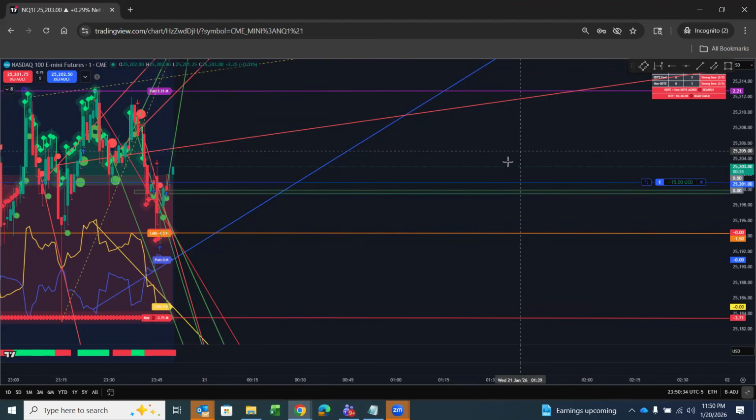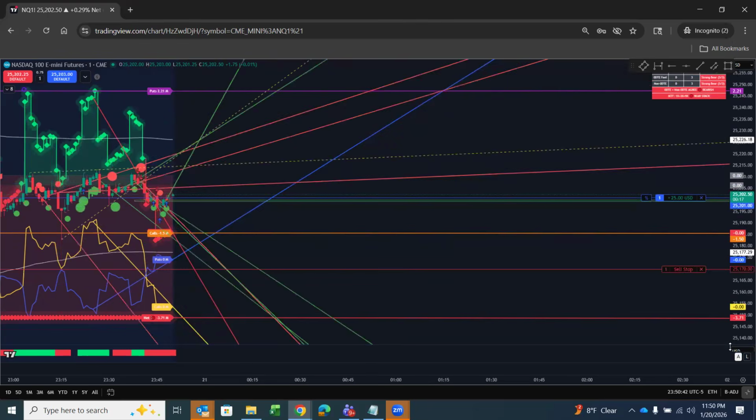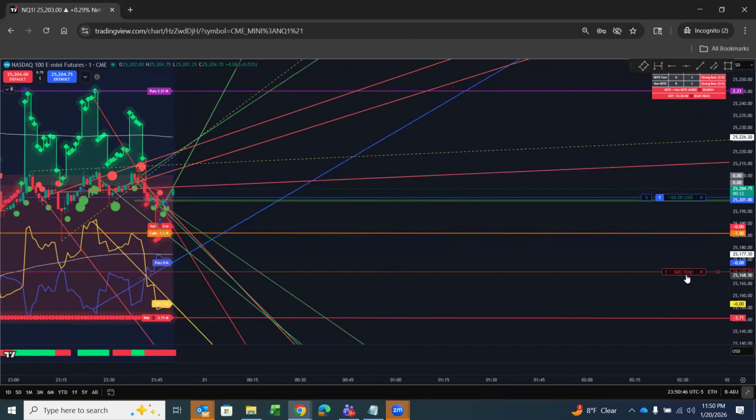Safe exits right here. And you can always move your stops so you exit out and profit, you know. If you think it's gonna go up, you can just move it up.